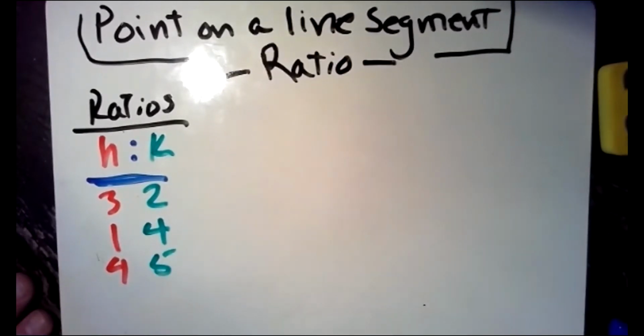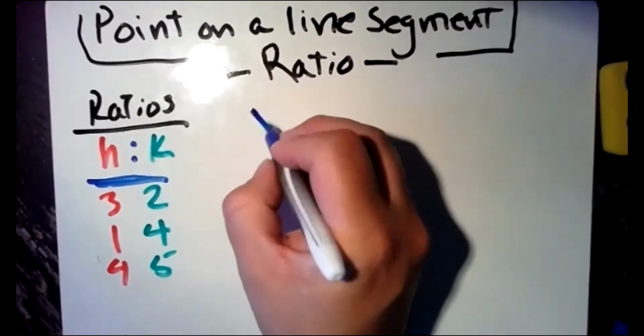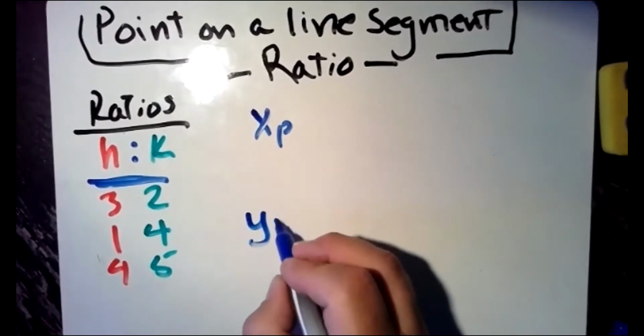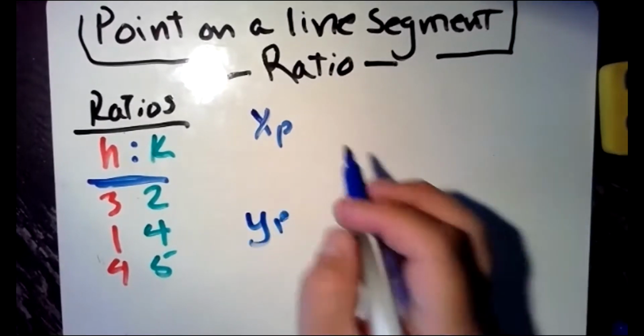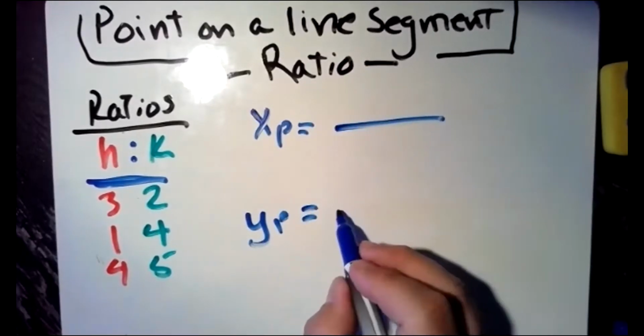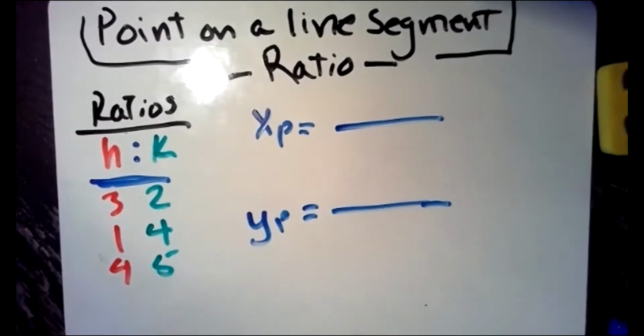Now, when it comes to the formulas for the ratio on a line segment, you have to figure out the value for X and the value for Y on that point. And so they set it up for you to get those two values, XP and YP. What you're going to do is create a big line there because it's going to be a fraction.